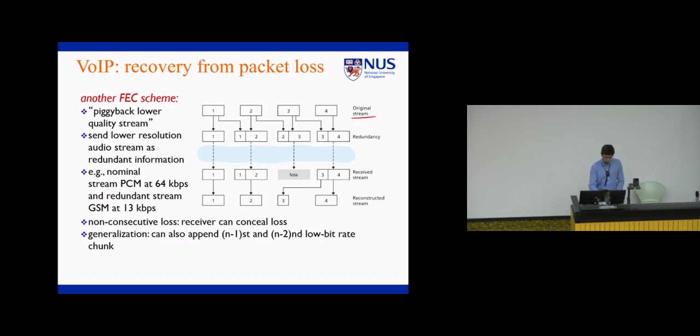So instead of sending 2, I'm sending a lower rate version of 1, and I'm piggybacking it onto 2. Similarly, when sending 3, I'm sending a lower resolution version of 2, piggybacking it onto 3.